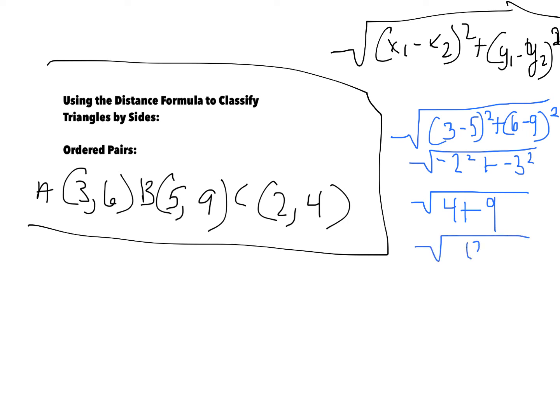So we have the square root of 13. We punch that into our calculator, and it's going to be a messy number. It's 3.61 when I round properly. So that's rounded.